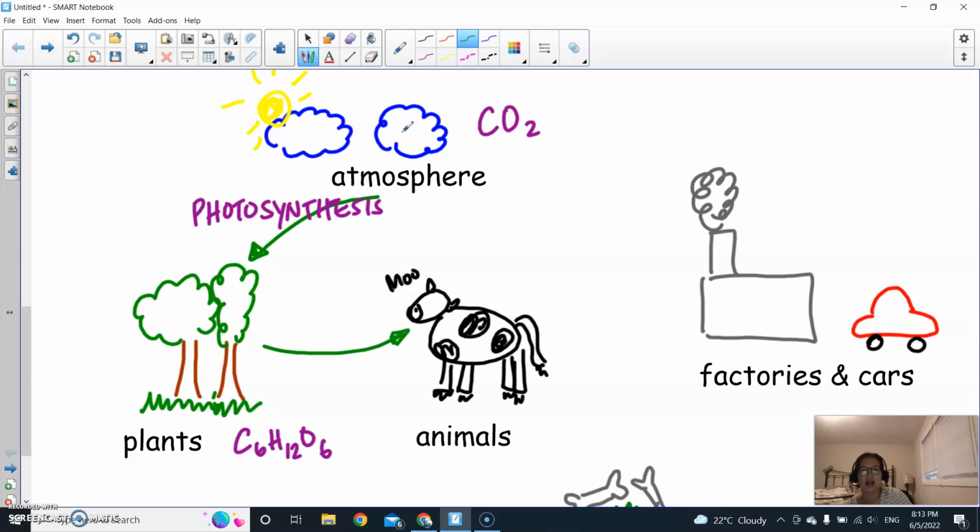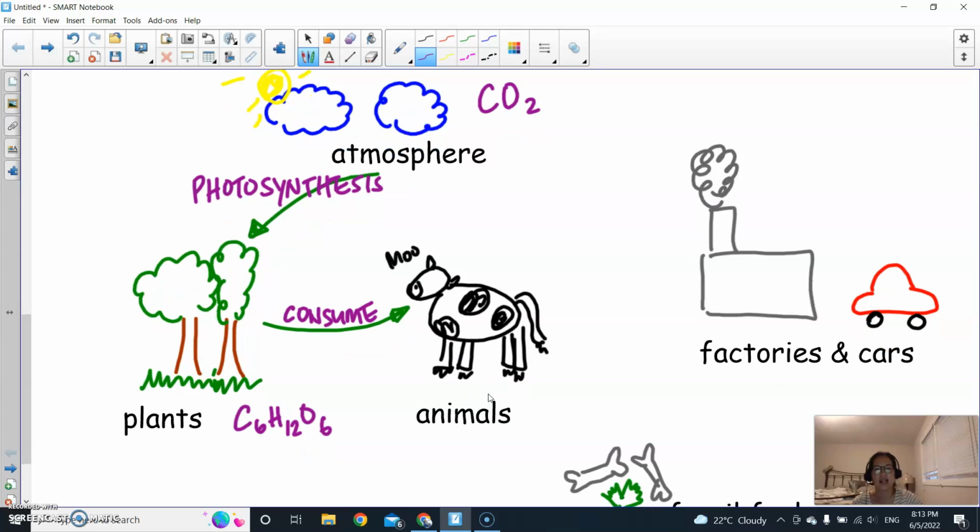The animal consumes the plant. There might be a few animals in this food chain, or food web, but ultimately, there's some animals that eat this carbon, and in the animal, it's also stored as sugars, C6H12O6.